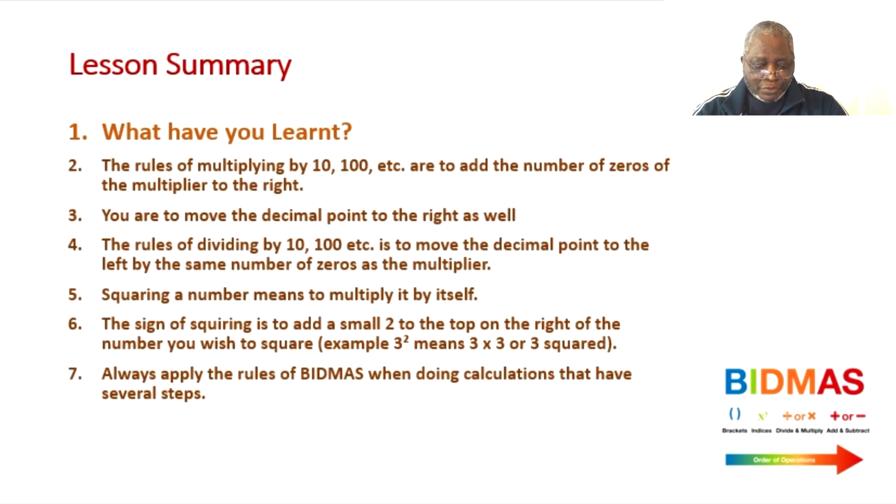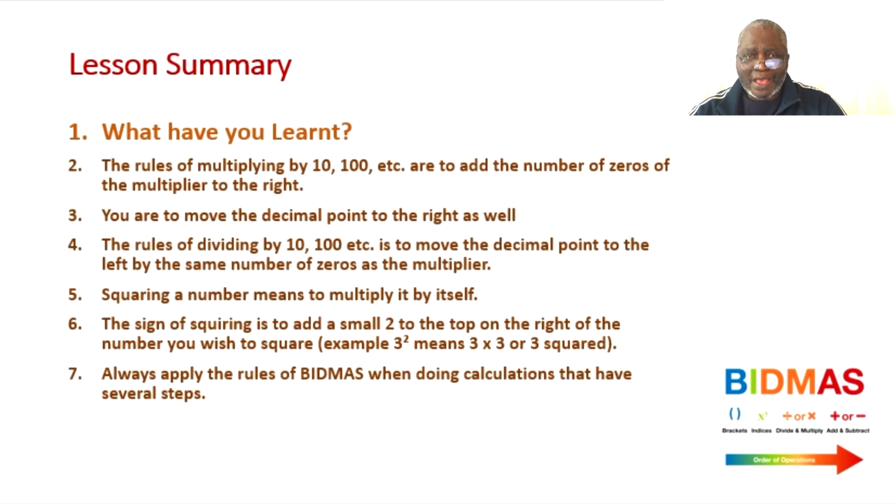Always apply the rules of BIDMAS when doing calculations that have several steps. If you're going to get confused, write BIDMAS down and put what they mean. You clear brackets first, then work out the indices.